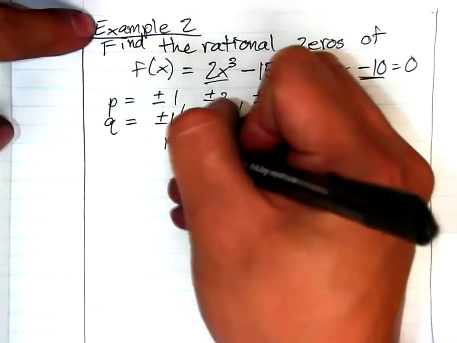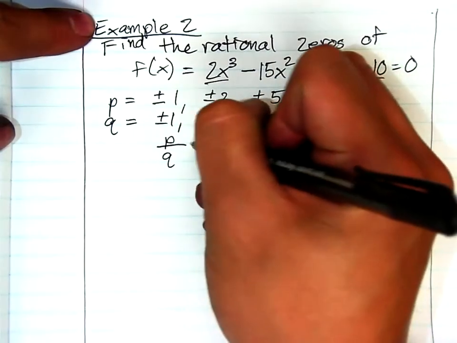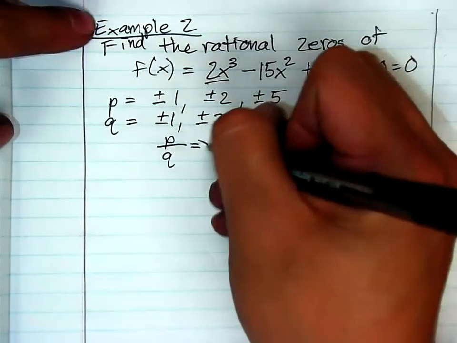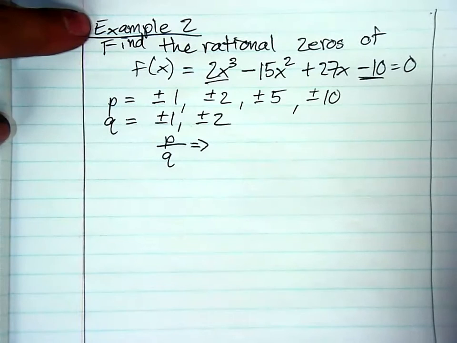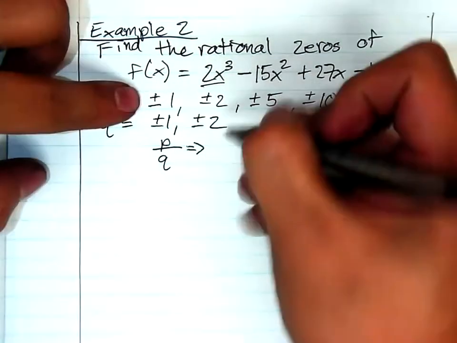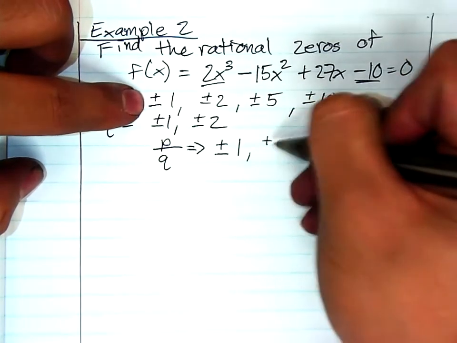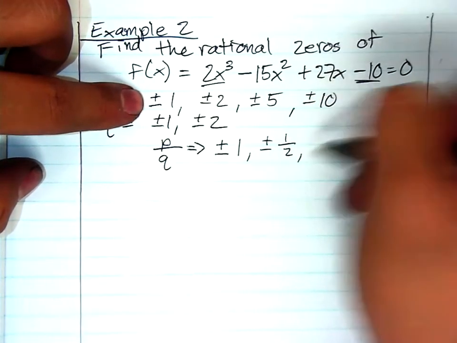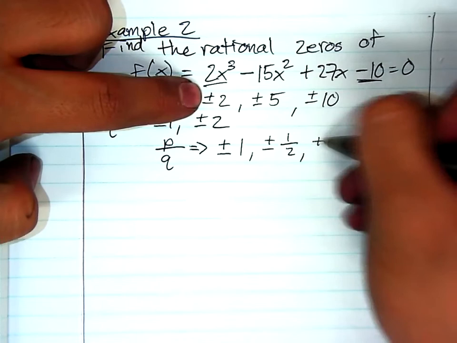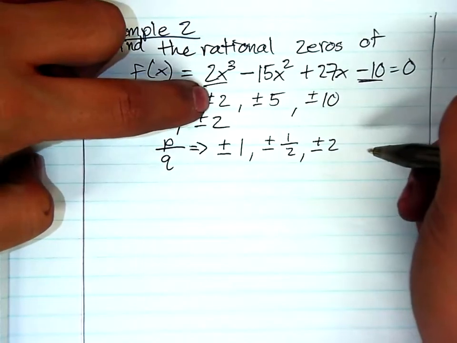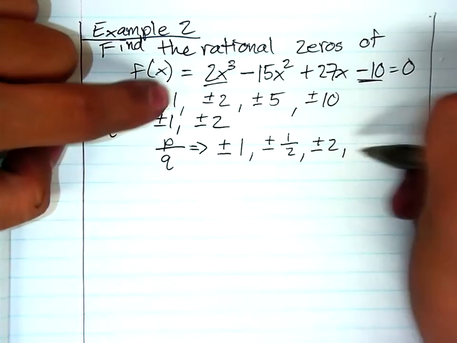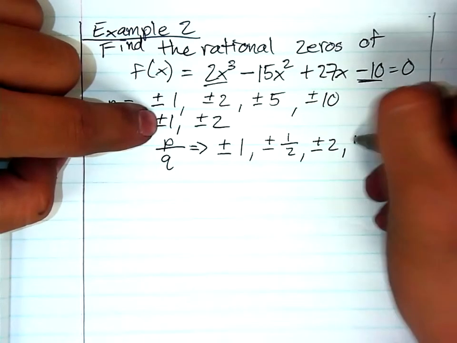Now, the only issue is, as you might recall, that I have to test P over Q for all of my possible rational zeros, which means I have a huge collection of possibilities. I have plus or minus 1, plus or minus 1/2, plus or minus 2. Here, if I do 2 over 2, I end up with 1 again, so I don't have anything there.